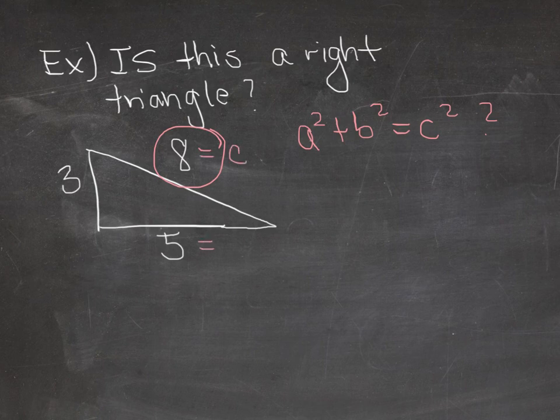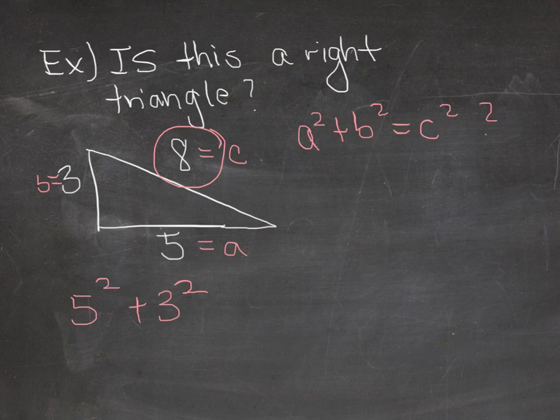We'll let this equal a and this equal b. Then I'm just substituting in to see, does it satisfy? If a is 5, I have 5 squared plus b is 3 squared, and I want to see, is that equal to 8 squared?